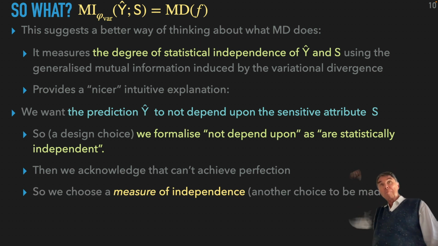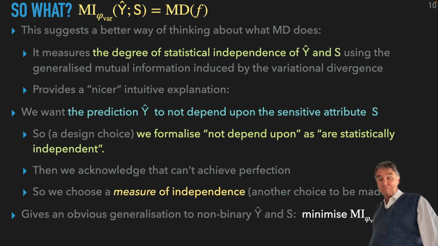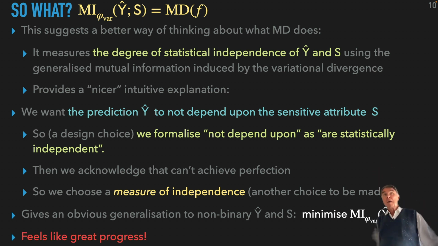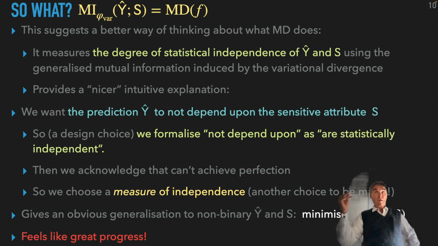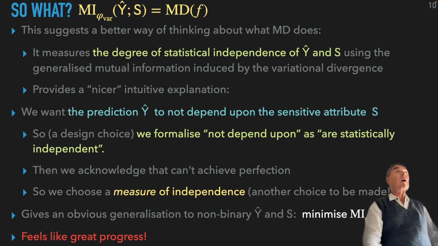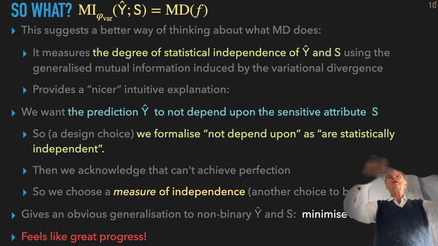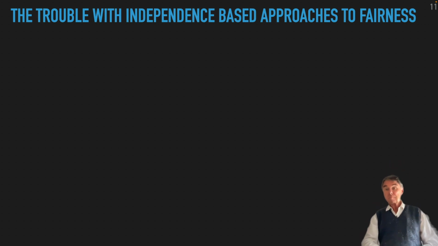We've now got a knob we can dial down, and it gives an obvious generalization to the non-binary case. This certainly feels like good progress. It feels like we're on the way to being able to grapple with fairness problems where we've got non-binary predictors and non-binary sensitive attributes, and it should all be nice and clean.